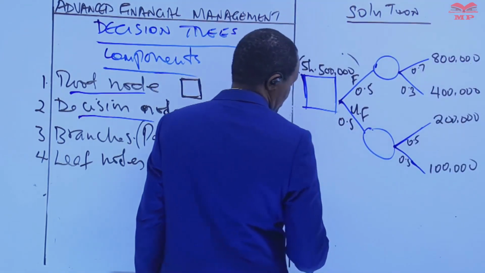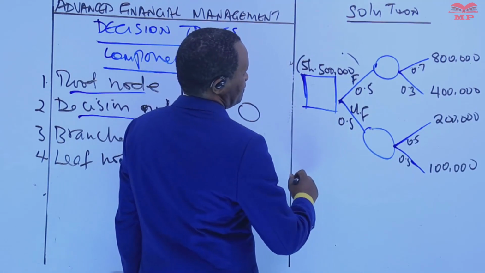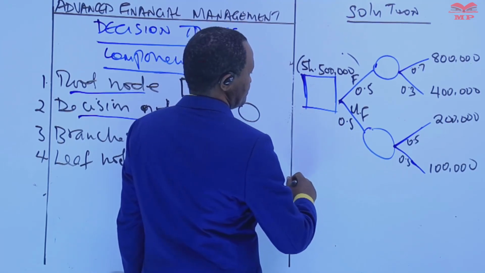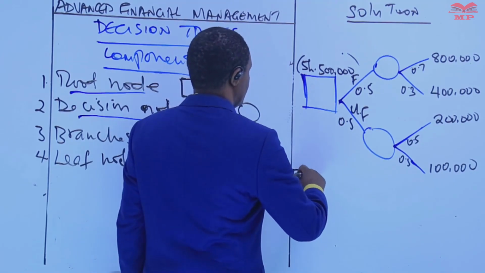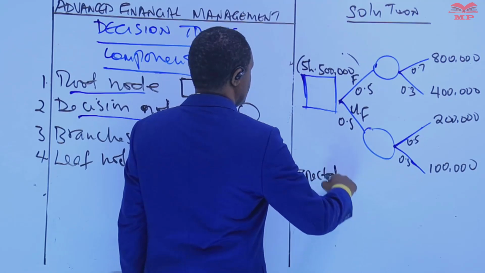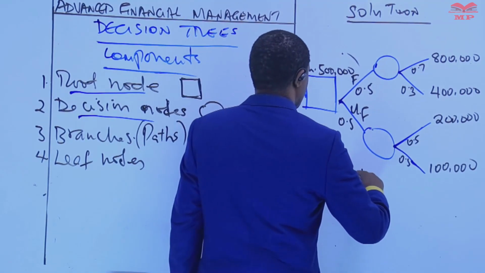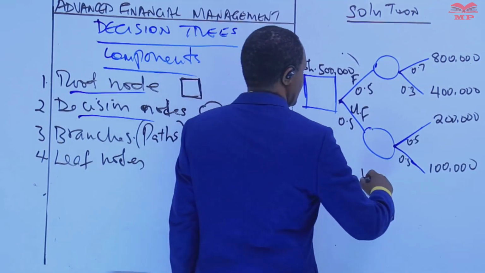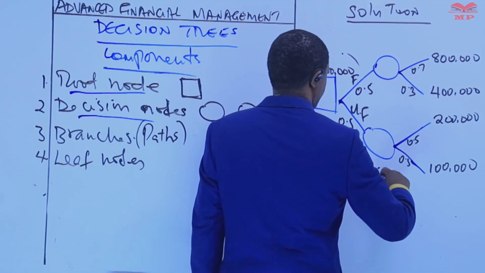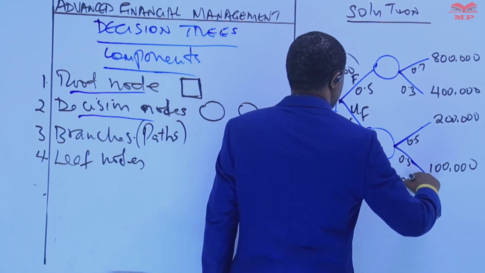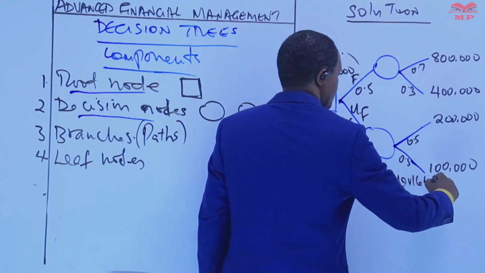Number one, you have to calculate the expected amount the company will generate if the market is favorable.